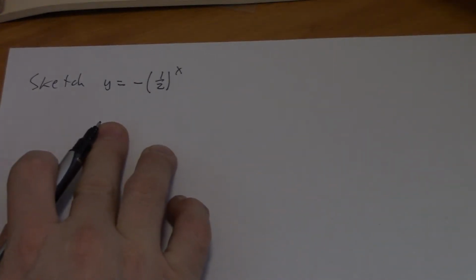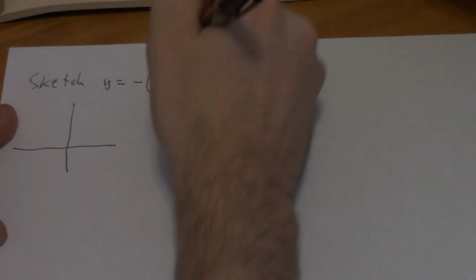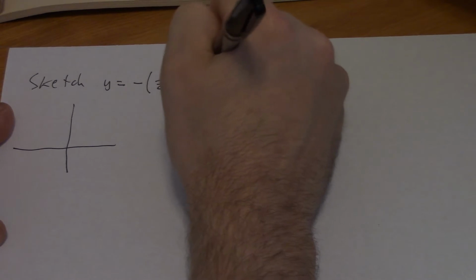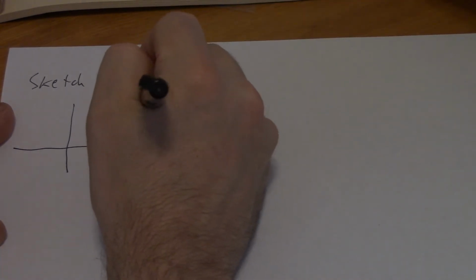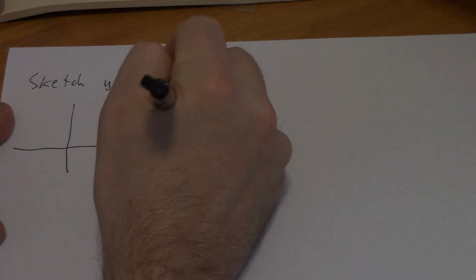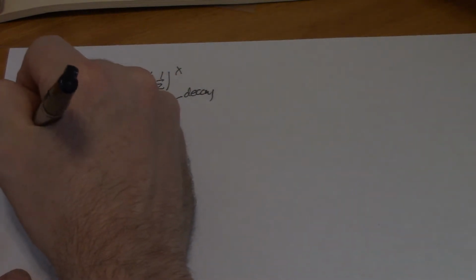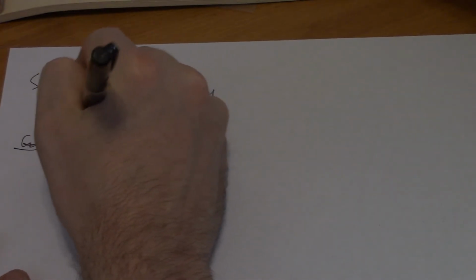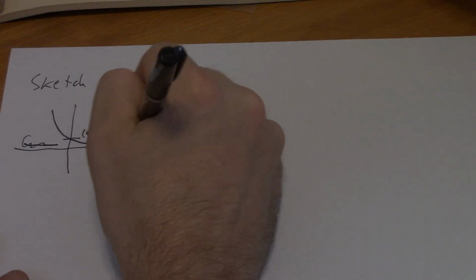So first off, it's decay because a is less than 1, and that's my reflection, the minus sign. So 1/2 to the x, oops, sorry, 1/2 to the x would look like this. It would go through 0, 1, and it would be decay, and we have a horizontal asymptote of y equals 0.